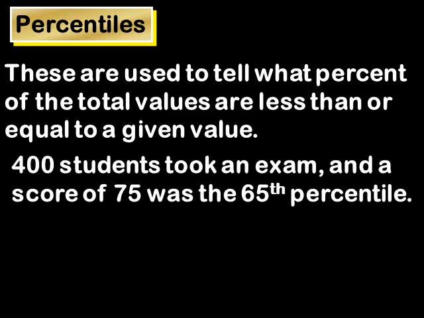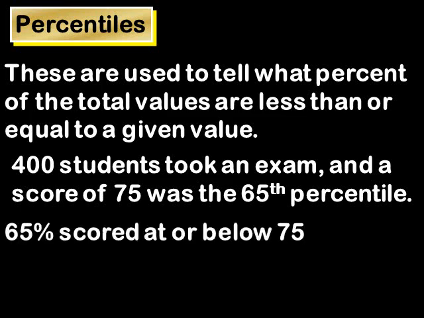For example, if 400 students took an exam and a score of 75 was the 65th percentile, that means 65% of the students taking the exam scored at or below a 75. To find how many students are at or below a 75, you would take your percentile and multiply it by the total value in your data set.